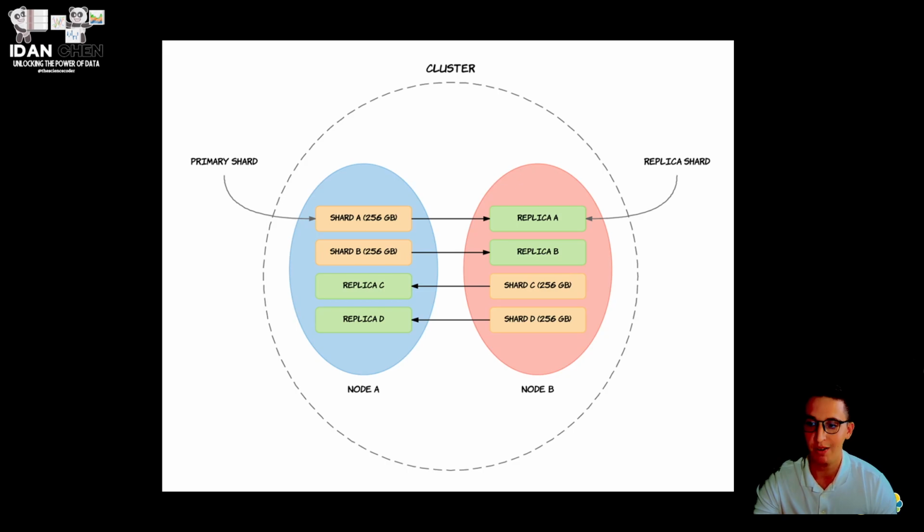We have the replicas of A and B and the primary shards of C and D. That's why if node A fails and is removed from the cluster because of a failed operation, we have node B with the same documents as node A.